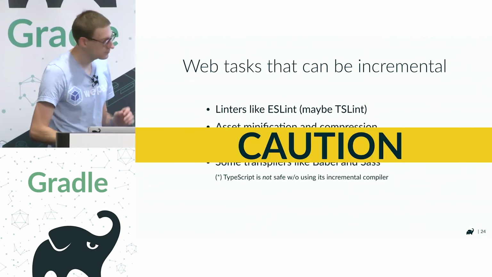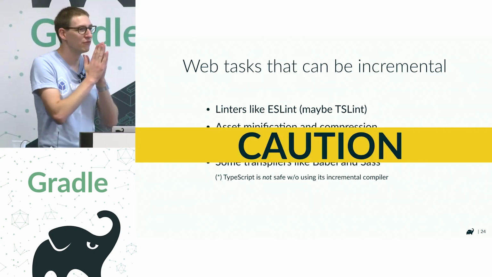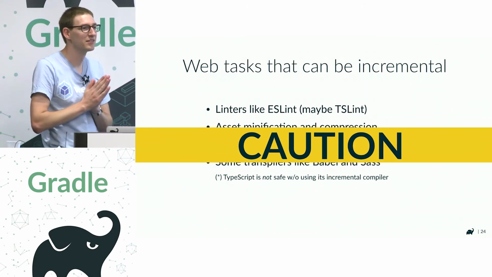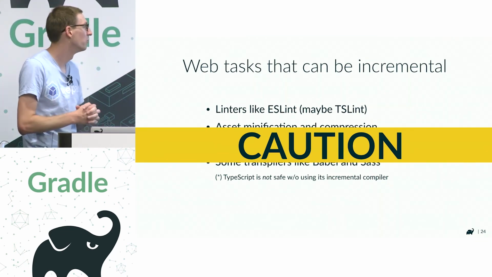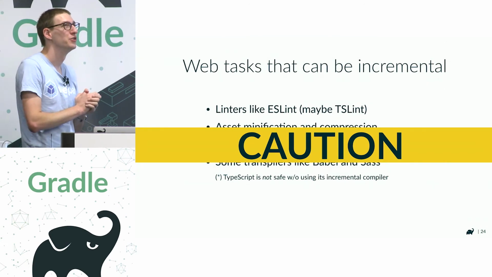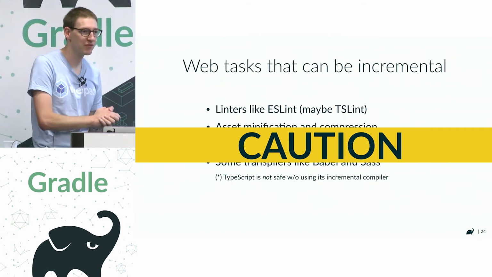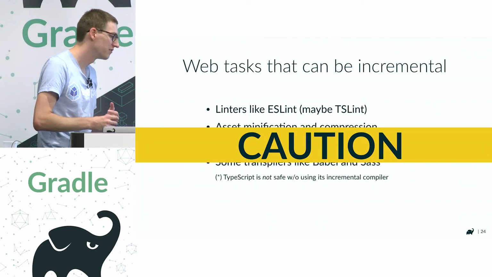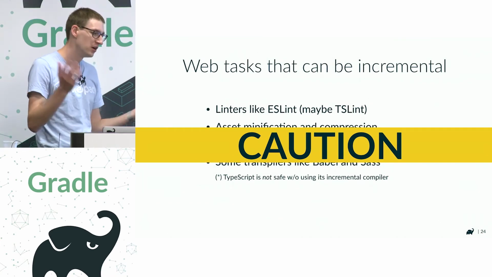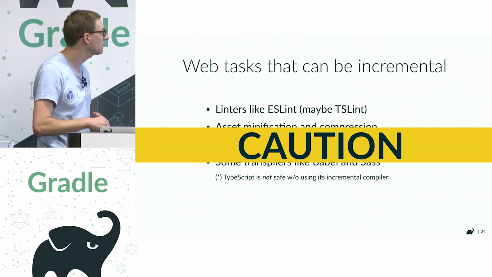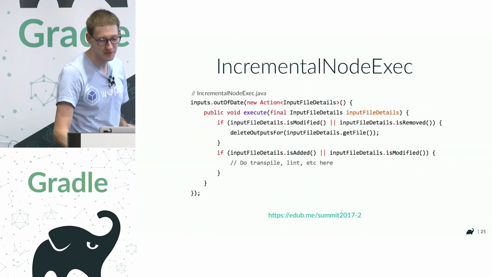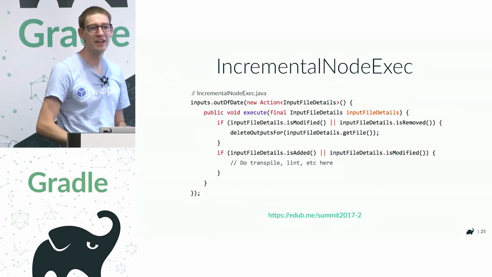However, writing incremental tasks is difficult at this point. Let's just say it takes more investment. You have to know what you're doing. But it's certainly worth the investment, especially if you have a very large number of web assets. But it's not something that you can just crank out in an hour.